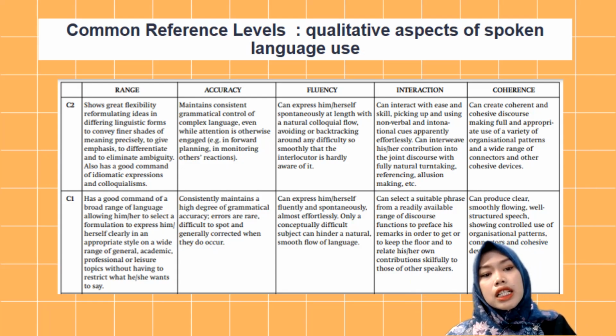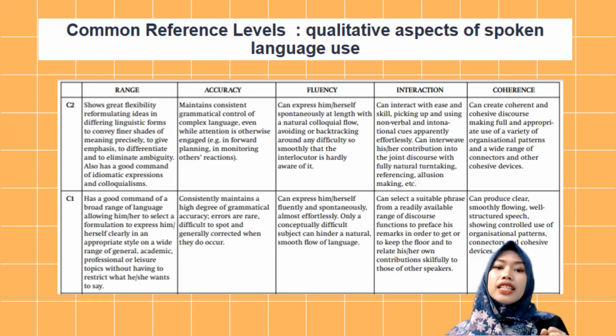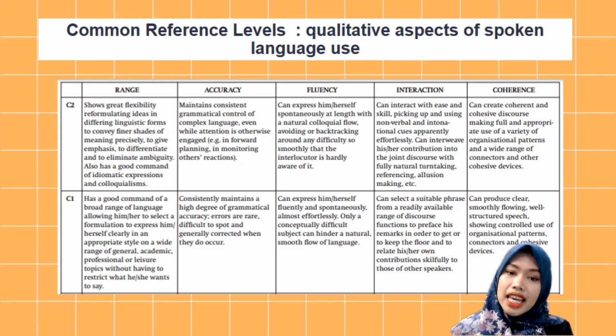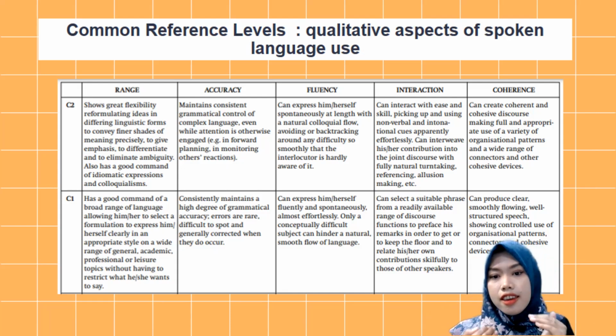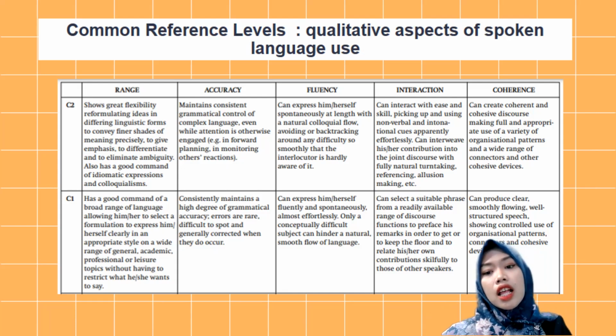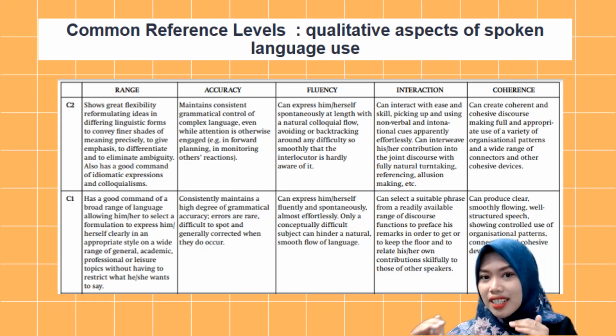For example, C2, for the accuracy, maintains consistent grammatical control of complex language, even while attention is otherwise engaged. And then for fluency, can express spontaneously and at length with a natural colloquial flow. And then interaction, can interact with ease and skill, picking up and using nonverbal and intonational cues apparently effortlessly.